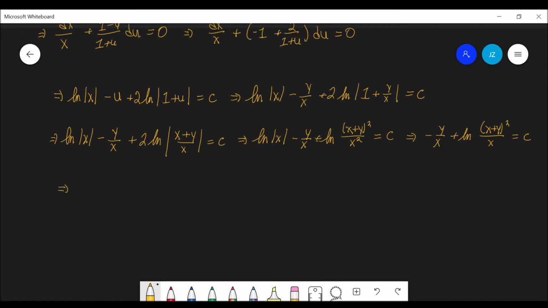So this would mean that the natural log of (x plus y) squared over x is equal to y over x plus c. Getting rid of the log, we can write (x plus y) squared over x is equal to e to the y over x plus c, which is just simply c times e to the y over x.